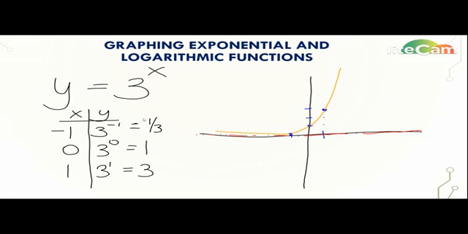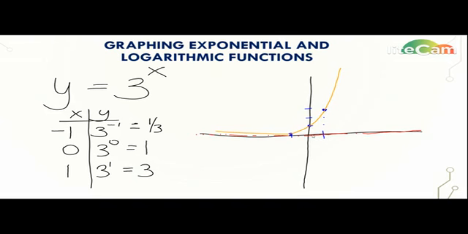Notice how it is going down to fractions. It'd be 1/9, 1/27. It would get as close to 0 as possible, but it's never going to touch 0. So therefore, I have to make sure that I do not cross this y equals 0 line here. That is called an asymptote.